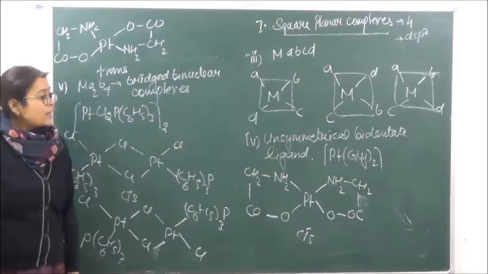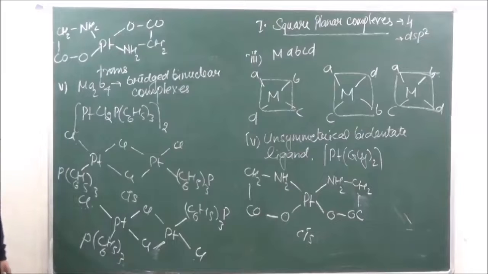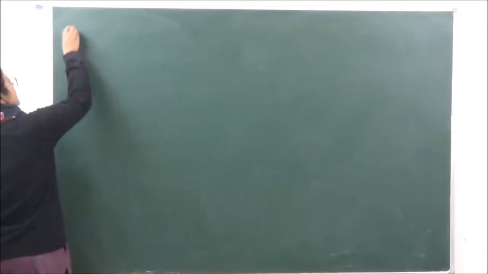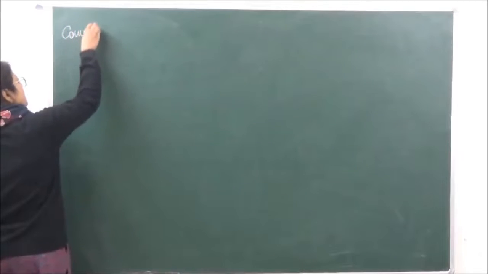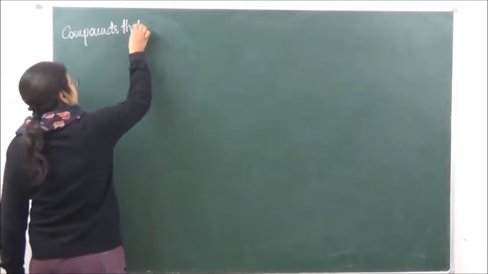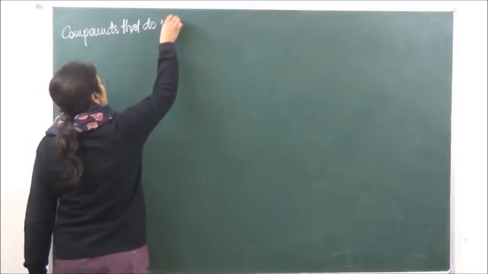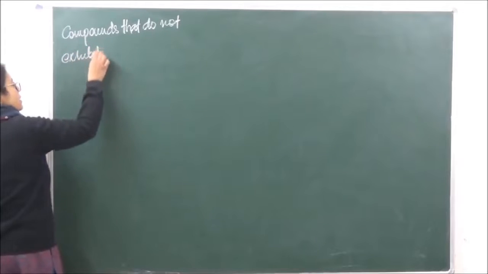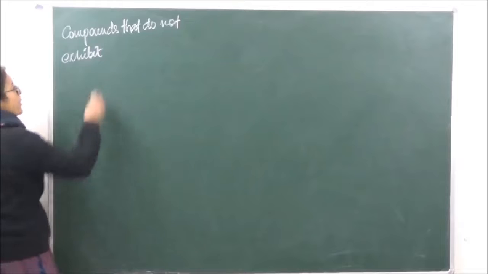Now let's look at the compounds which are unable to show geometrical isomerism. So we come to compounds which do not exhibit geometrical isomerism.